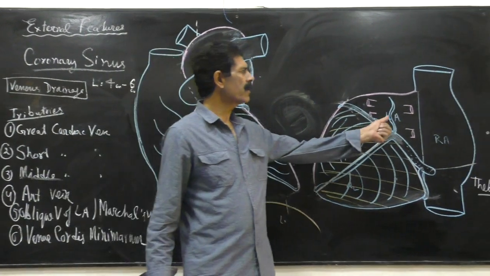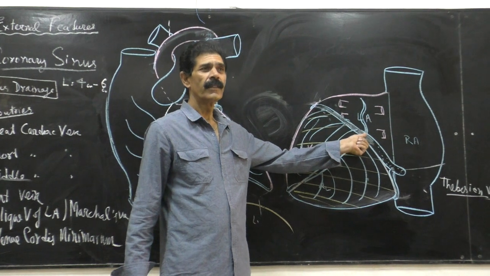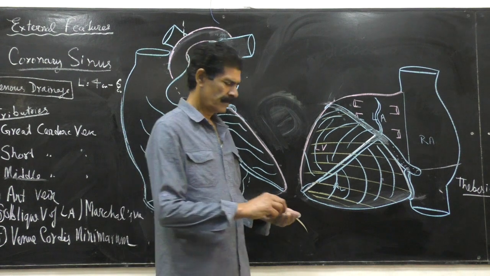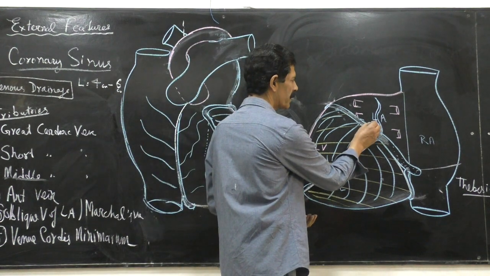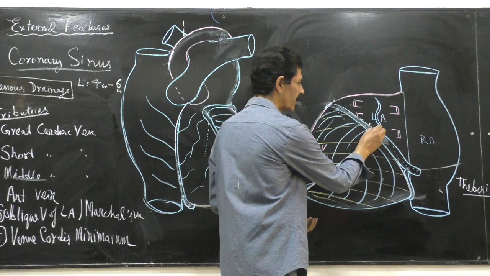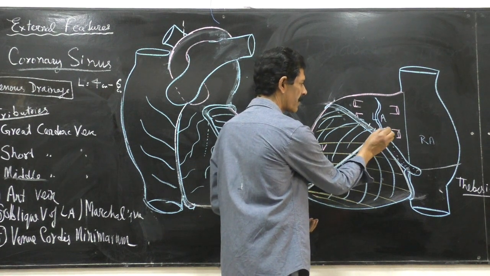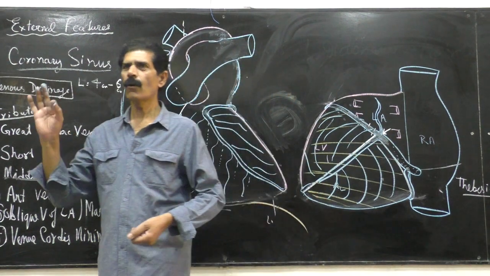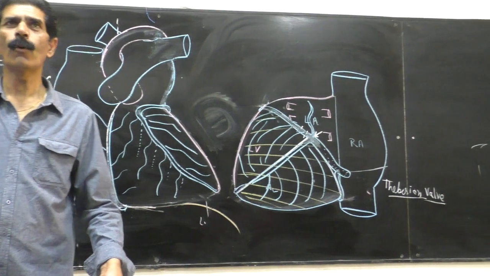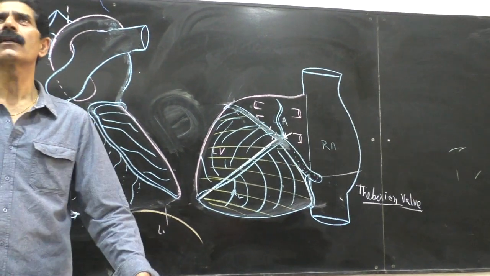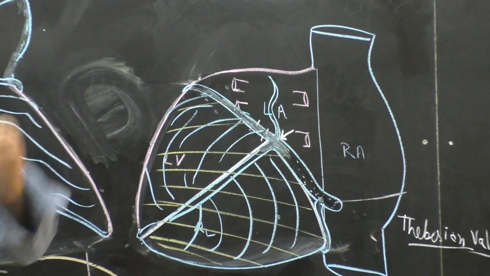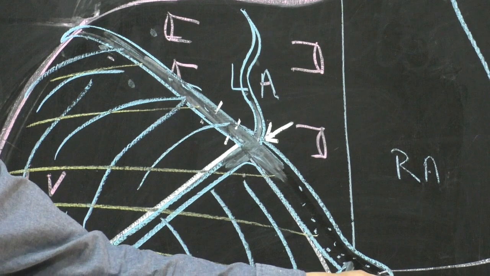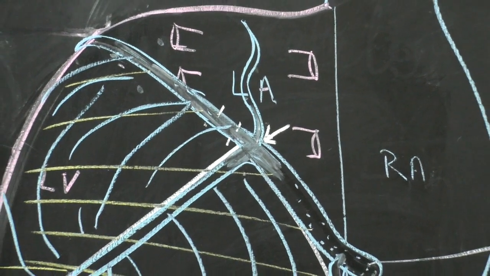And where this oblique vein ends, we take the measurement of the coronary sinus from that point. You can't say the coronary sinus starts from here, not here, not here. Where does it start? Where the oblique vein of the left atrium opens into the coronary sinus, we measure the coronary sinus length from that part up to its termination, where it disappears in the right atrium.